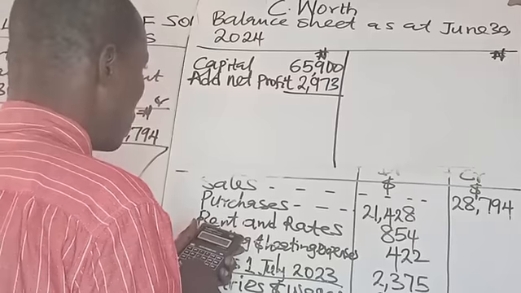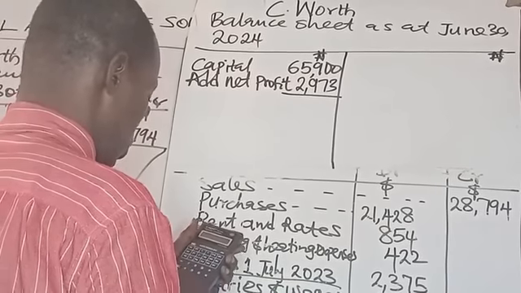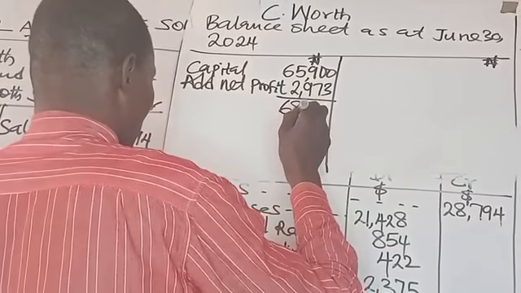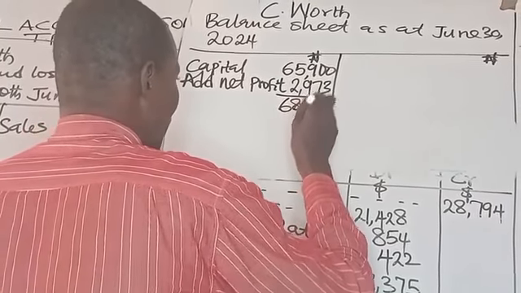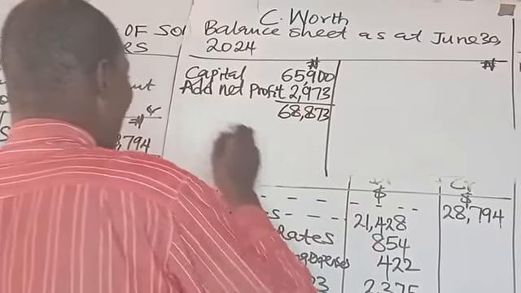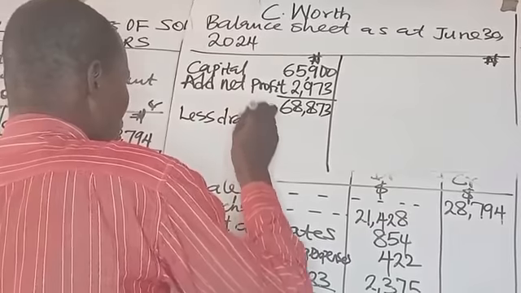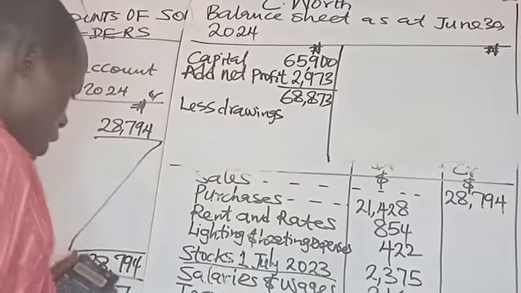When you sum it up, you have 68,873. Now less drawings. How much is our drawings?